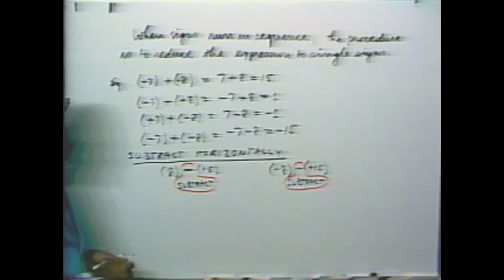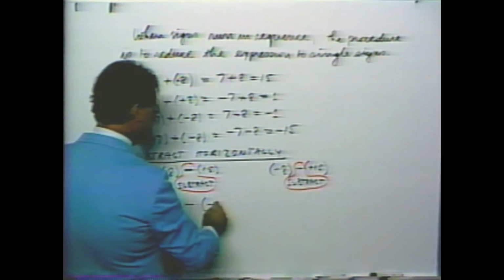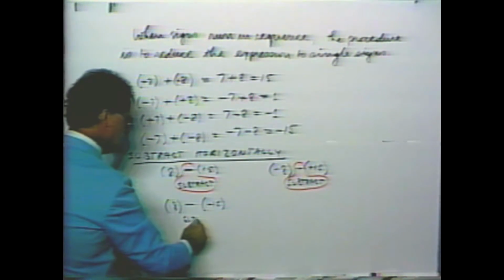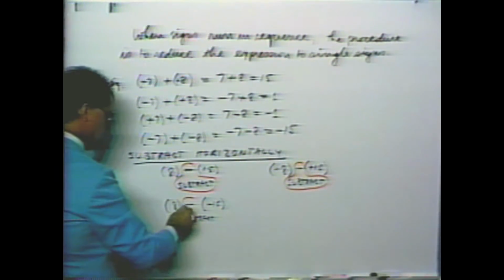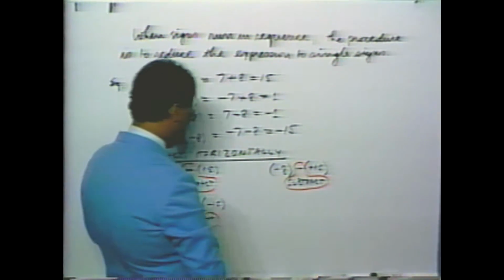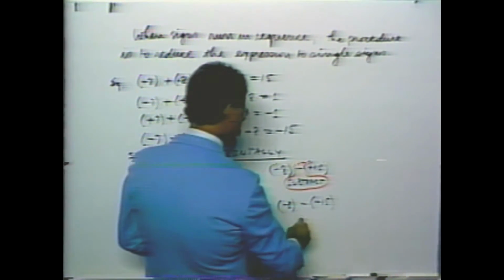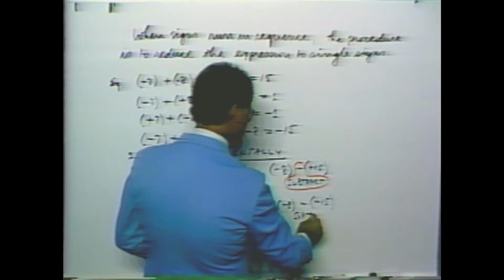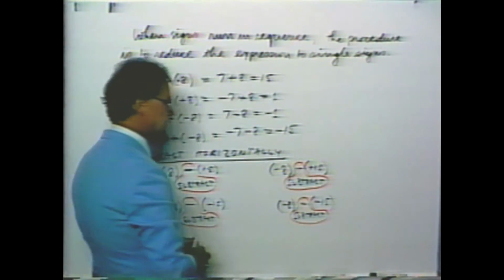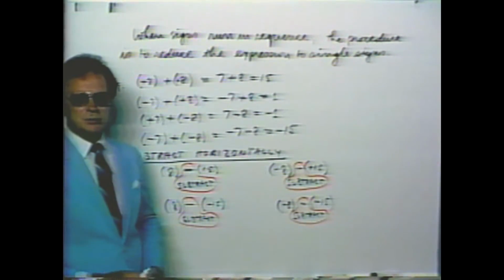Another example we had was 8 subtract negative 15. And finally, we had negative 8 subtract negative 15. So what I have circled is the sign of operation indicating what to do with those two integers.